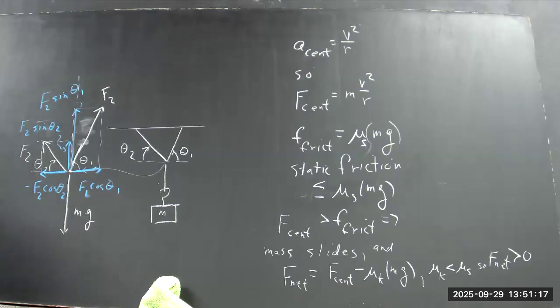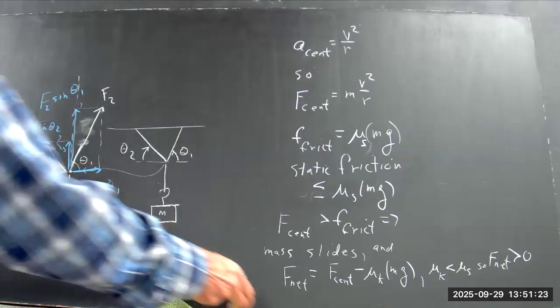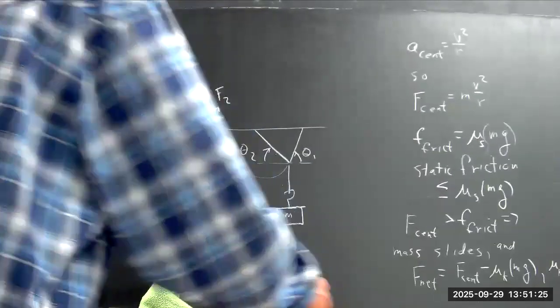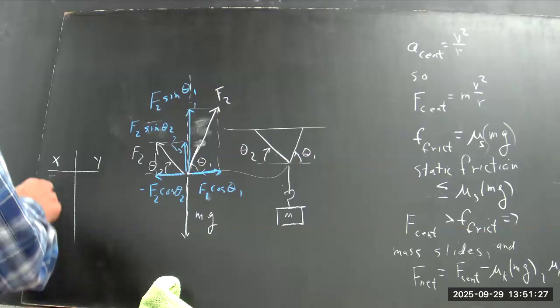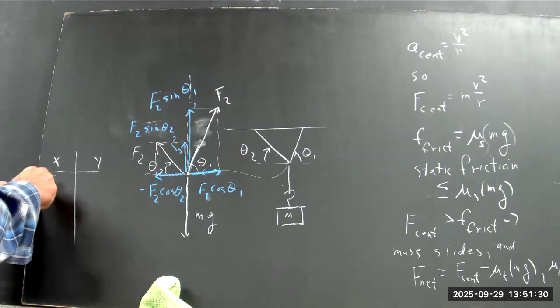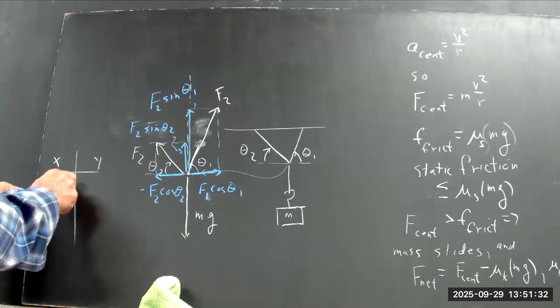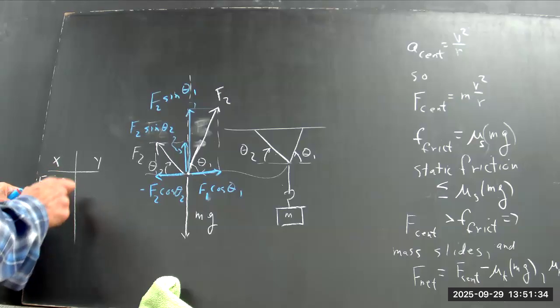In the X direction, you know you've got F1 cosine theta 1.